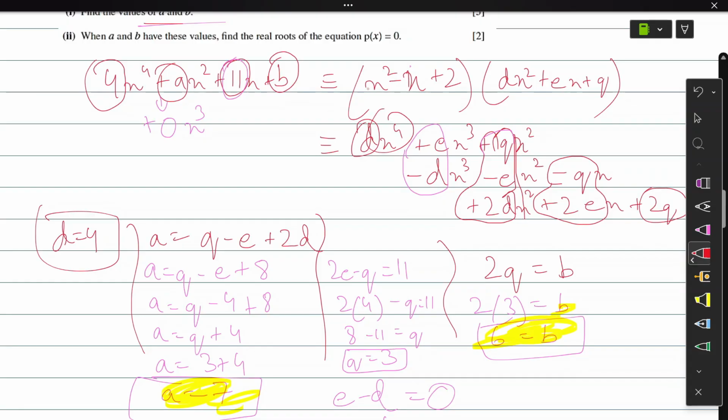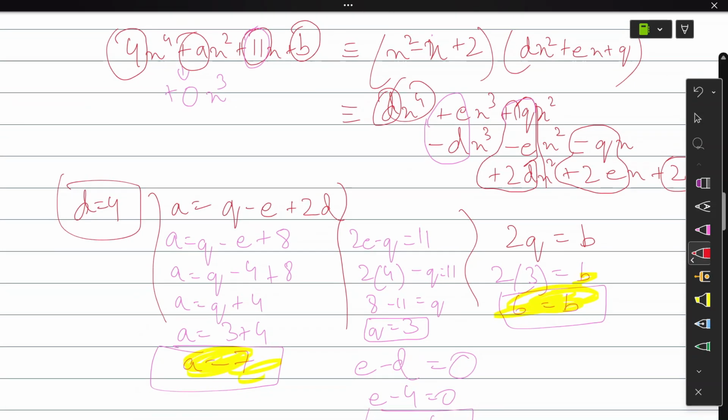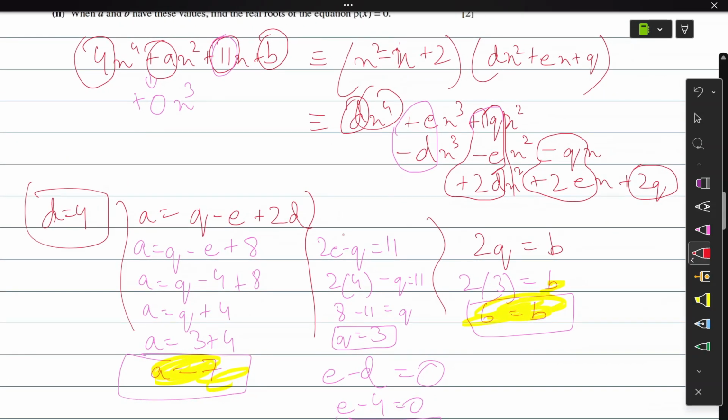Let's look at it. X squared, this is made, this is made, this is made, correct. Minus dx minus q, minus ex squared minus qx, okay. 2dx squared, 2ex and 2q. That is right. Where 2q equals b, 2e minus q is the coefficient of x squared. The coefficients of x squared are q minus e plus 2d.